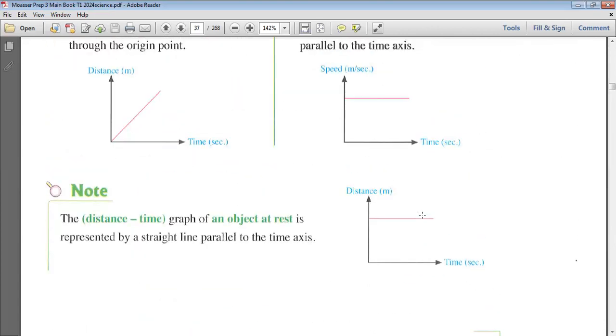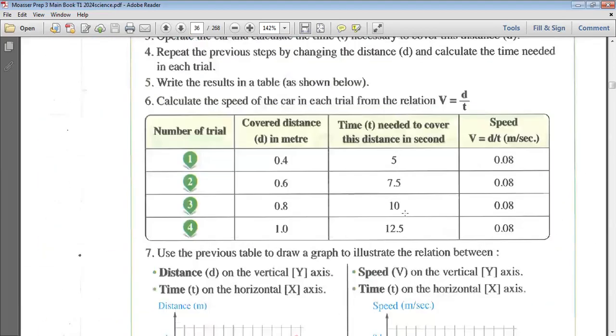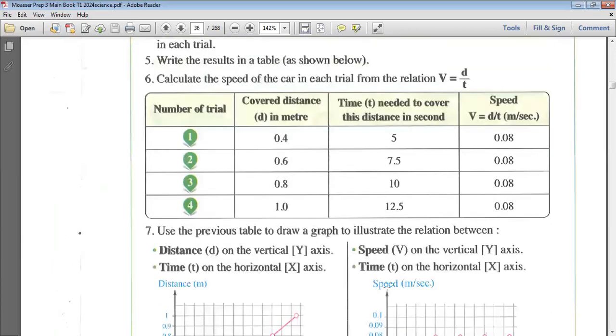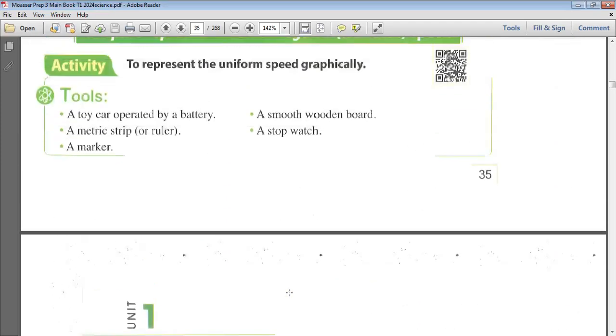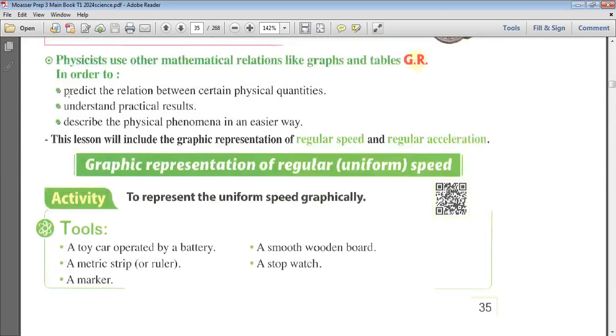Why, Miss, do physicists use mathematical relations like tables and graphs? Why do we use graphs and tables? Number one, to predict the relation between certain physical quantities.